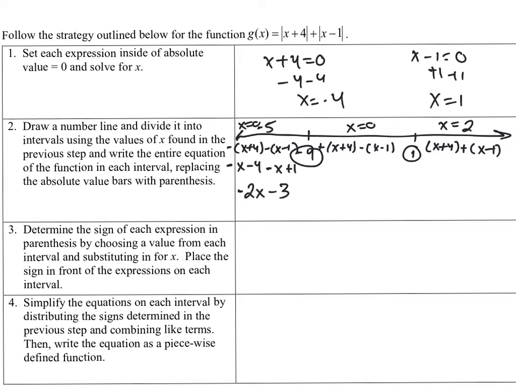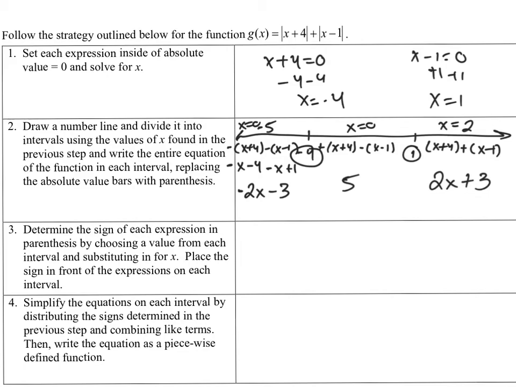Then when x is equal to 0, we have x minus x, which is 0, and 4 minus 1, which is 5. And then we have x plus x, which is 2x, and 4 minus 1, which is positive 3.